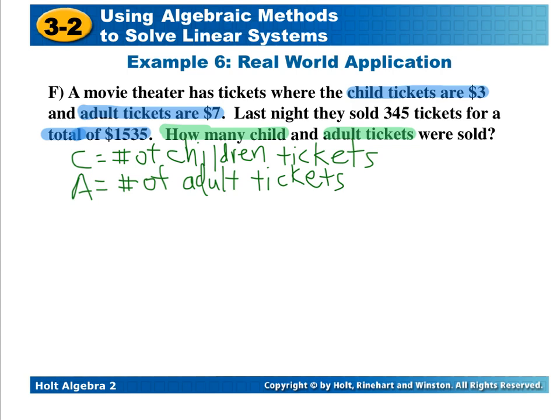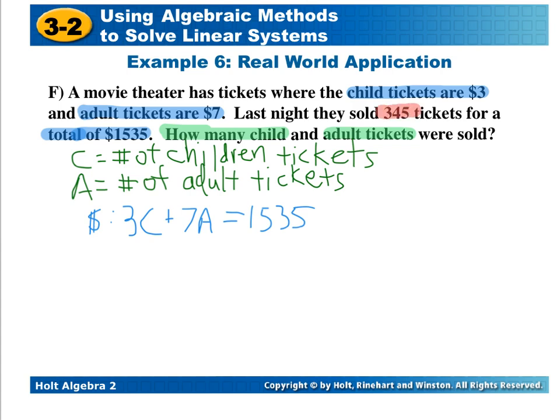This means we can write an equation in terms of money. So we write 3 times C plus 7 times A is equal to $1,535.